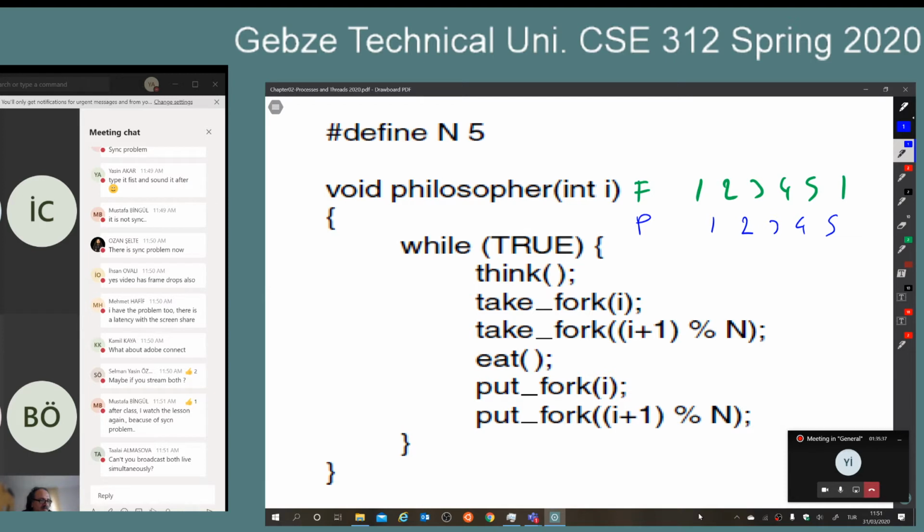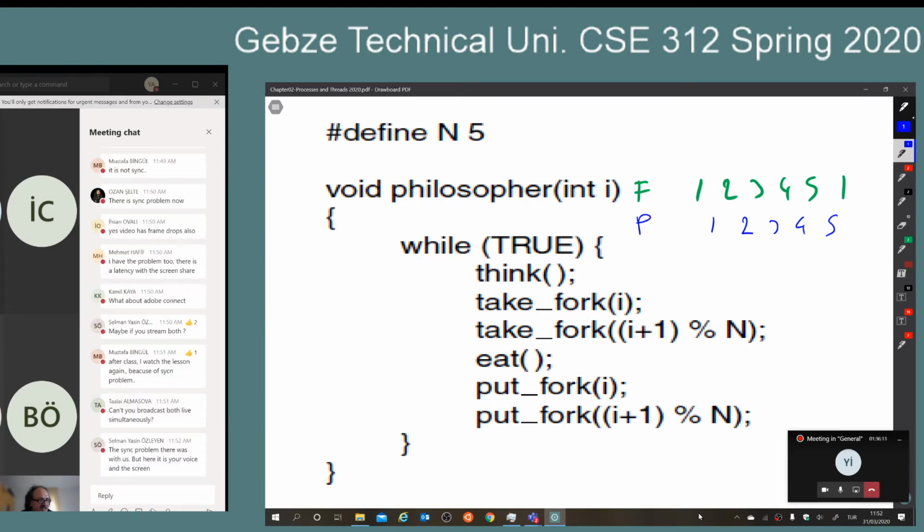The sync problem there is even worse. There is 30 seconds of delay. When you ask a question, I get your question 30 seconds later, and when I give you an answer, it gives you again 30 seconds. So there is a 1 minute turnaround time. So nobody's getting this right. So everybody's getting the sync problem.